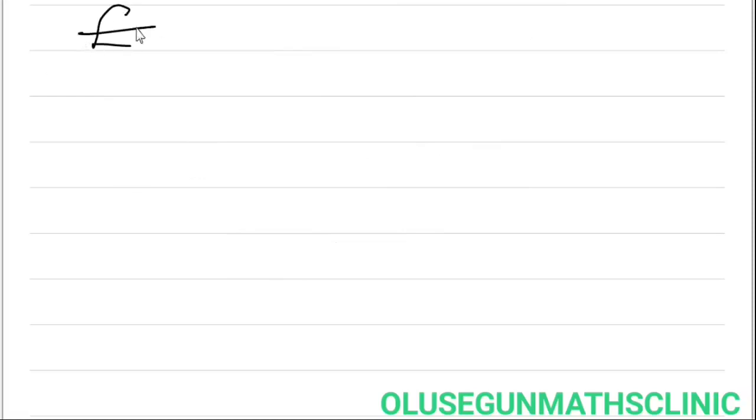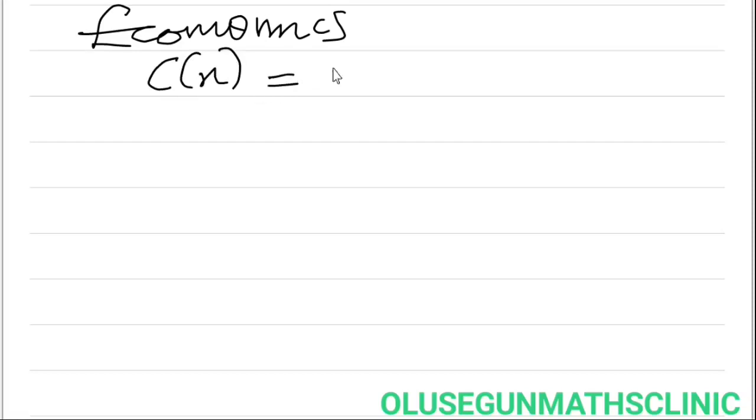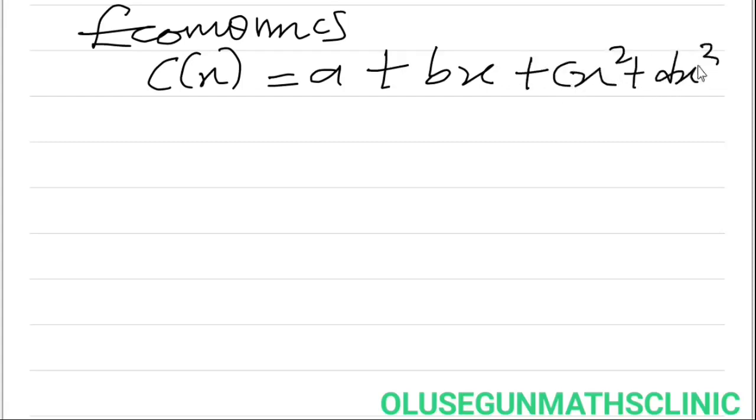The economics part is about the cost of production and others. For example, we may be given a cost of production. They used to represent it in the form a plus bx plus cx squared plus dx cubed.